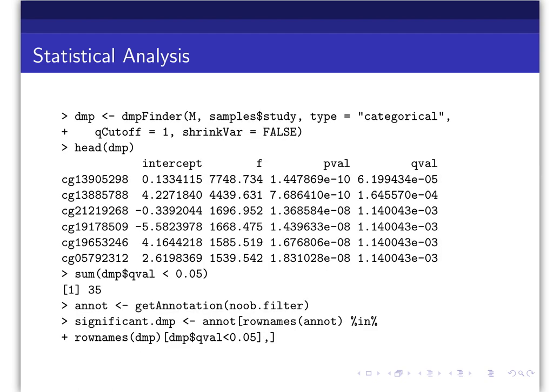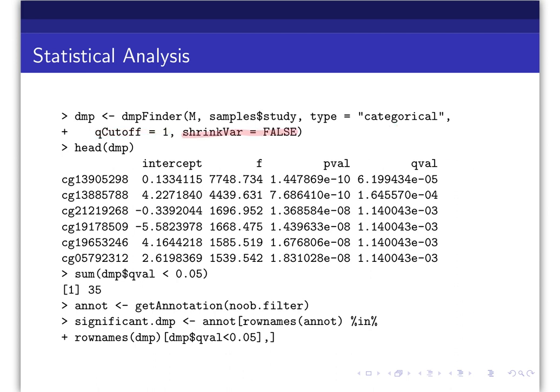minfi does have its own function for identifying differentially methylated CpG sites, but you can also use the limma package. Here is a demonstration of minfi's dmpFinder function. The dmpFinder function takes an object and a phenotypic variable. Type is a parameter that indicates whether the phenotype is categorical or continuous. The qCutoff indicates that FDR, calculated using the q-value method, greater than the specified threshold will not be returned.